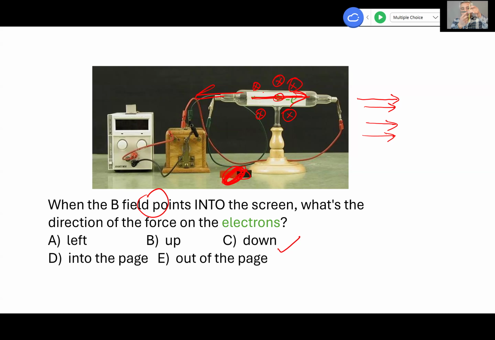It cannot be along the direction of B or V. B and V can be perpendicular or at any angle, but F is always perpendicular, either this way or that way, depending on the direction of V and the type of charge.